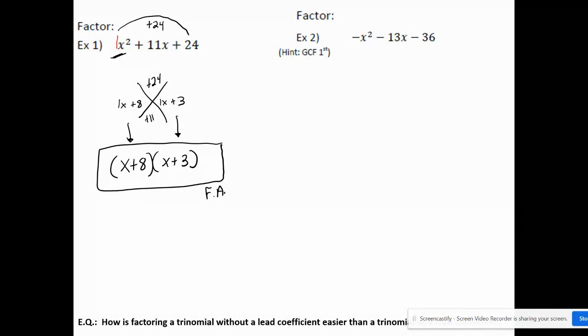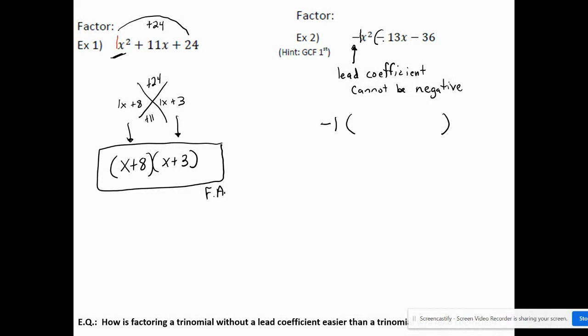Now in example 2, there's a hint. There's a GCF first. So I'm just trying to remind you about the leading coefficient. It cannot be negative, right? So we have to go ahead and factor that out. So there's actually a hidden negative 1 there. So we're going to factor out negative 1.